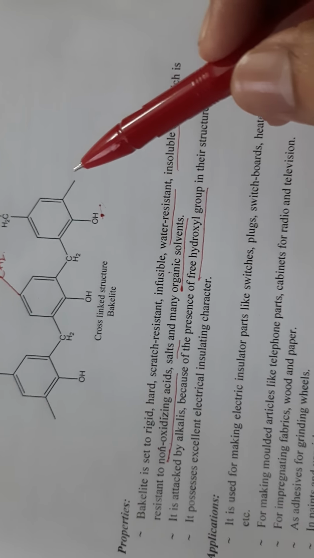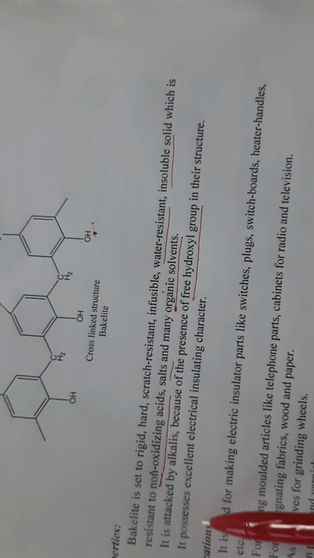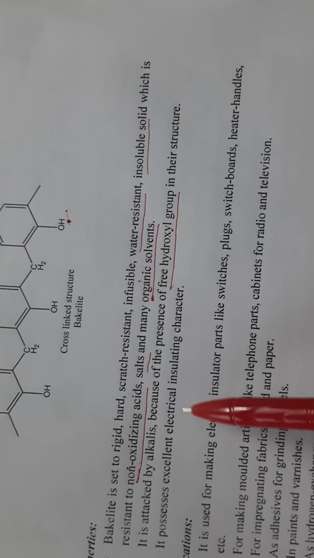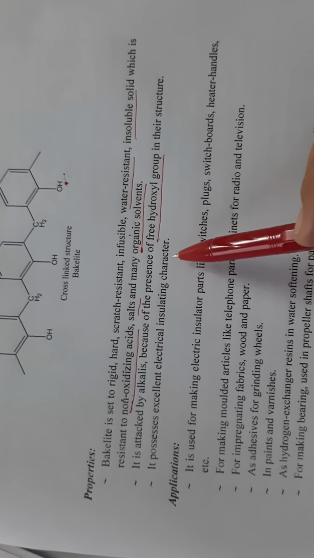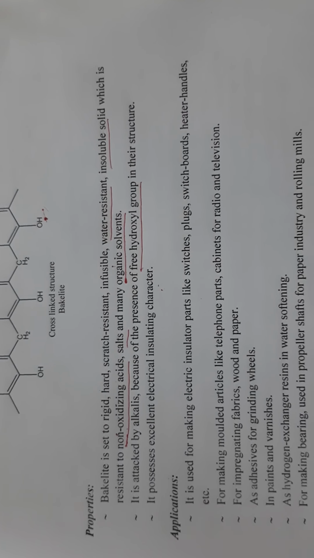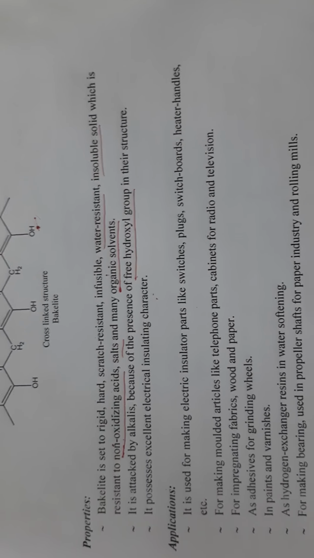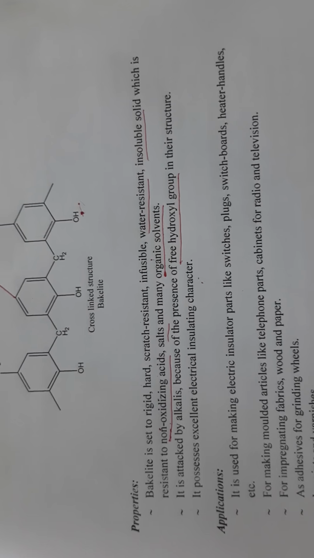That's why it will be attacked by alkali molecules. And the third point is that it possesses excellent electrical insulating character. That's why Bakelite is used in switchboards and aircraft materials and other aerospace vehicles, etc.